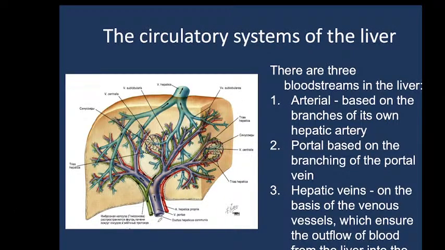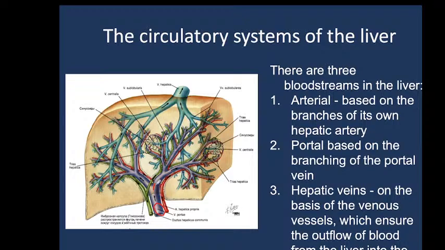As I explained before, the circulation system of the liver is different in comparison with other organs. Here you see the portal vein, or vena porta, transports the blood from organs of the abdominal cavity, and it is the only vein that has branches.